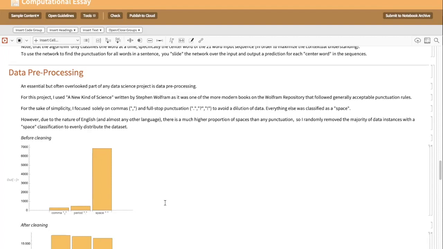So, as I said before, for this project, I used A New Kind of Science, which was written by Stephen Wolfram, as it was one of the more modern books in the Wolfram repository that followed generally accepted punctuation rules.